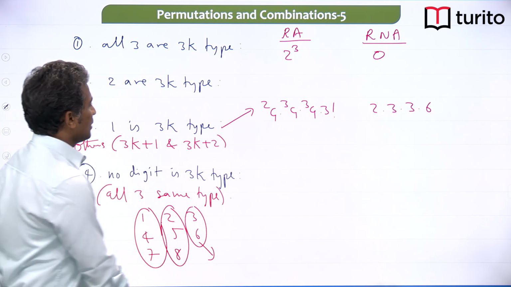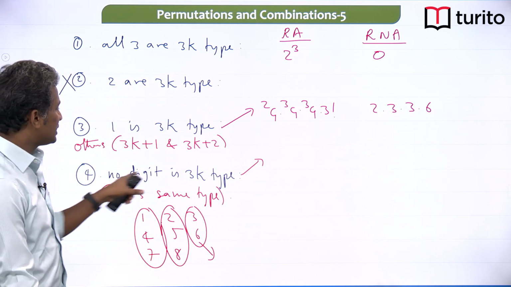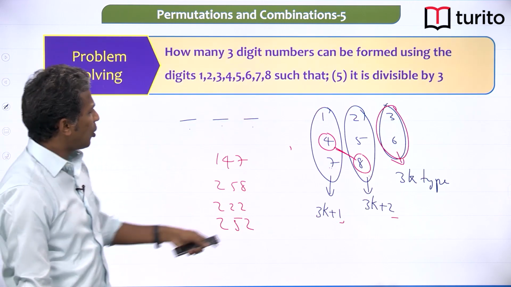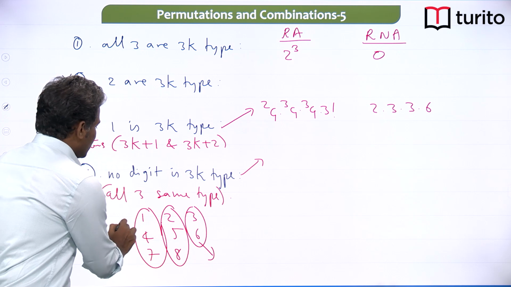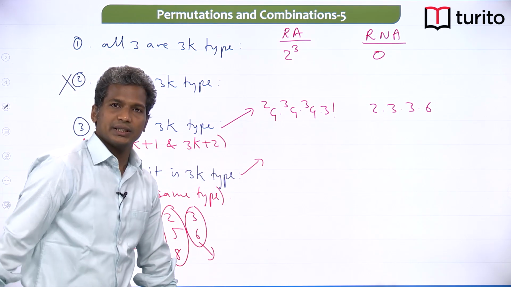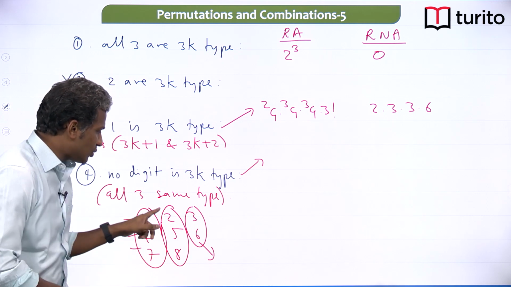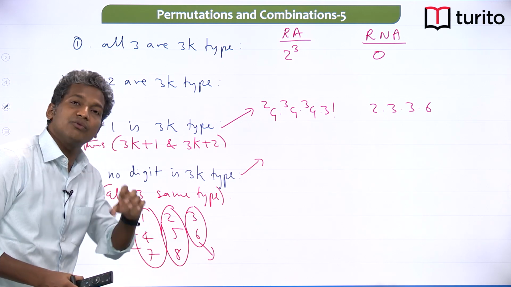Now, let me take the fourth case here. No digit is 3k type, that means all must come from the same group. So there are 3 digits available here and there are 3 locations, right. But I can also take the second group, it does not matter. So first I have to select one group.